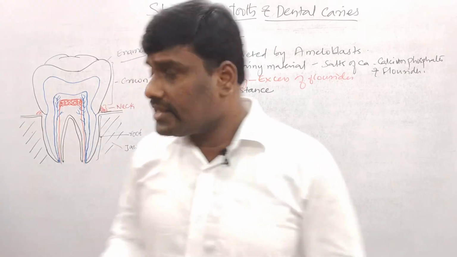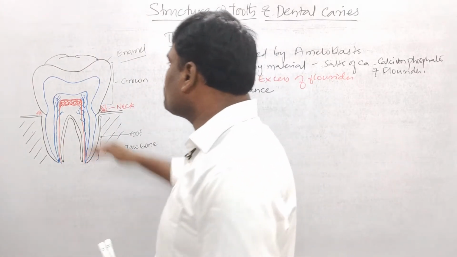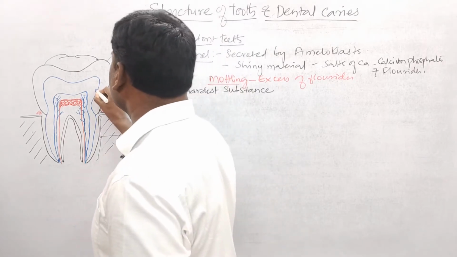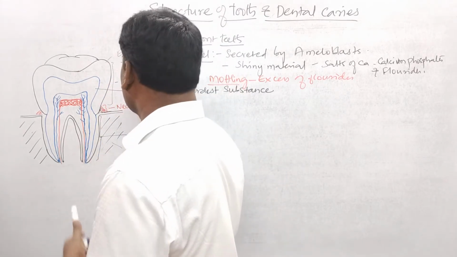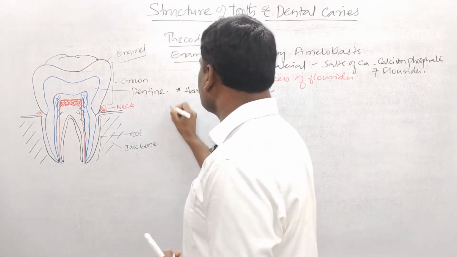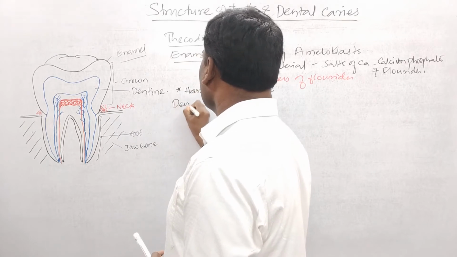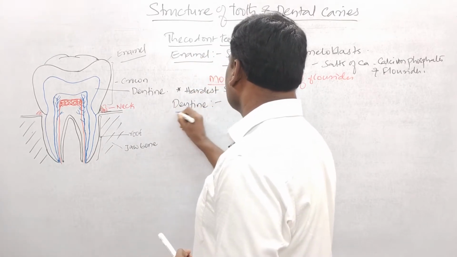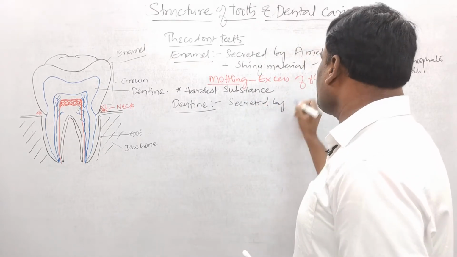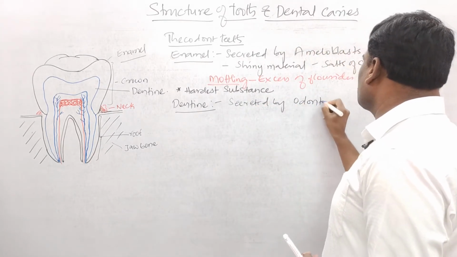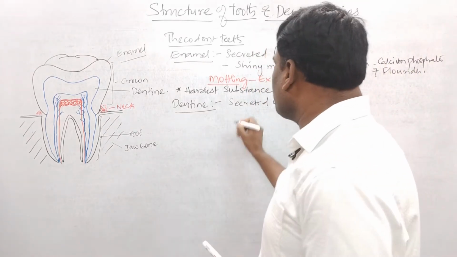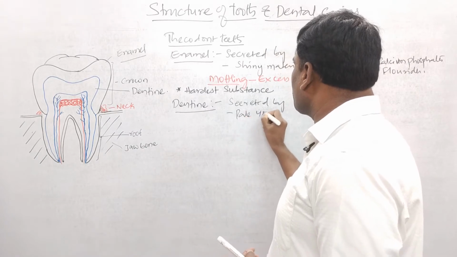Got it? And next the second part, children, which is just below that enamel, we call dentine, which is blue in color, children. When we talk about this dentine, it is secreted by odontoblasts. If you see the color, it is pale yellow.